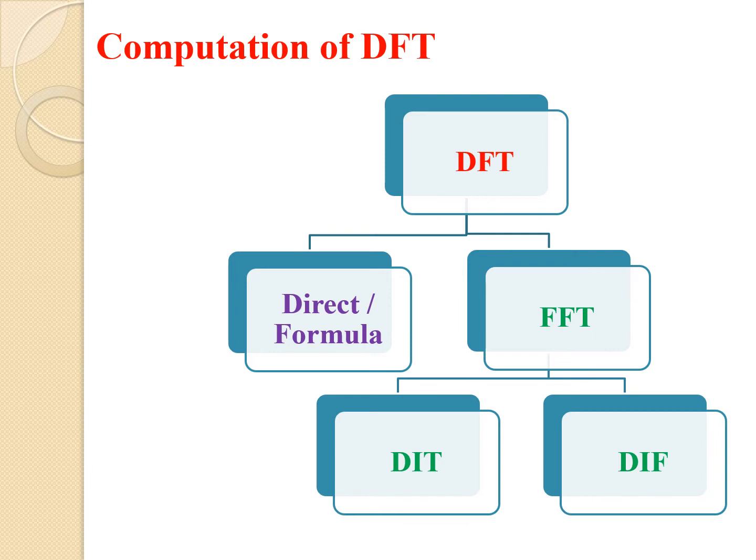That is categorized into two types, which are DIT, that is decimation in time algorithm, and decimation in frequency algorithm. In this presentation, we are going to deal only with the direct or formula method of conversion of a time signal into the frequency domain signal X of k.